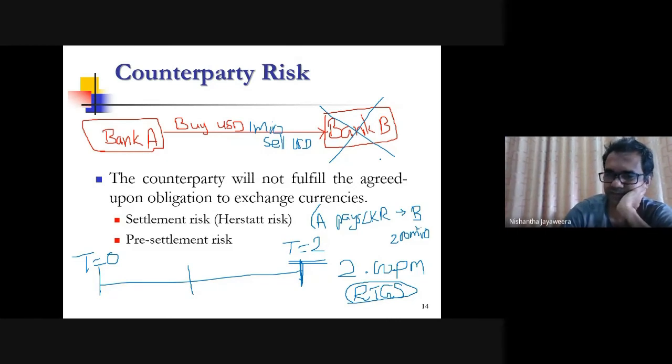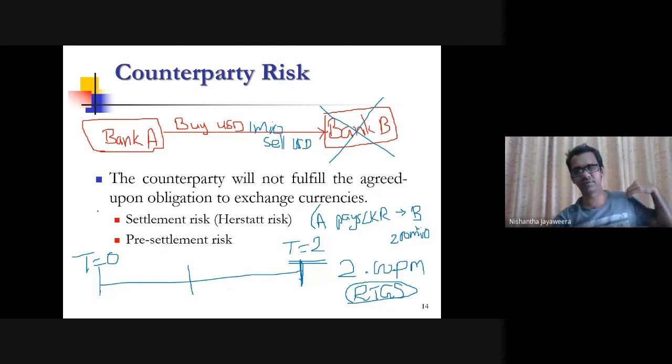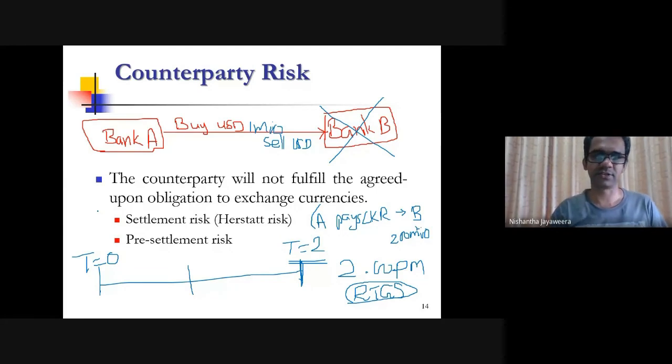That can happen. Then what would happen? Bank A has already paid this rupee amount, but has not received the dollar amount. Completely lost. The full amount of the principal is lost.